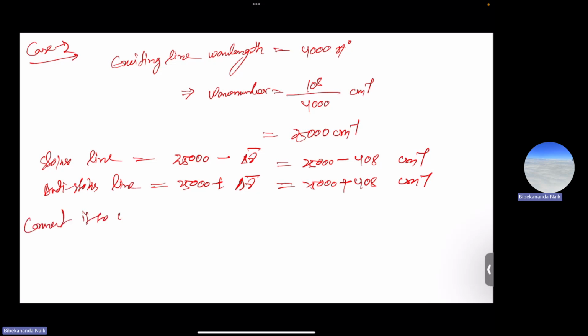So if you convert it to wavelength, then for Stokes it will be 1 by 25000 minus 408, which is 24592 centimeter inverse, so 1 by 24592 centimeter.